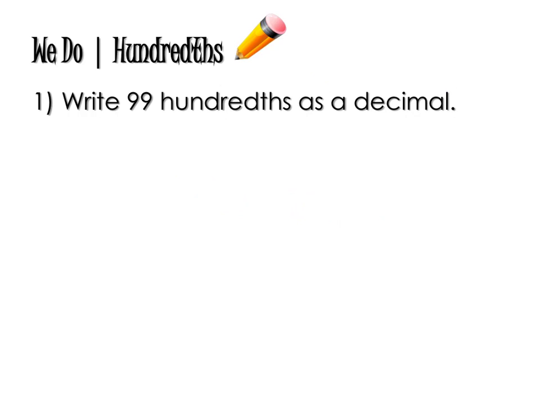Now let's do this question together. Question 1. Write 99 hundredths as a decimal. So because hundredth is 2 decimal places, we will move our hidden decimal point by 2 places to the left, and that will give us 0.99. So 99 hundredths as a decimal is 0.99.